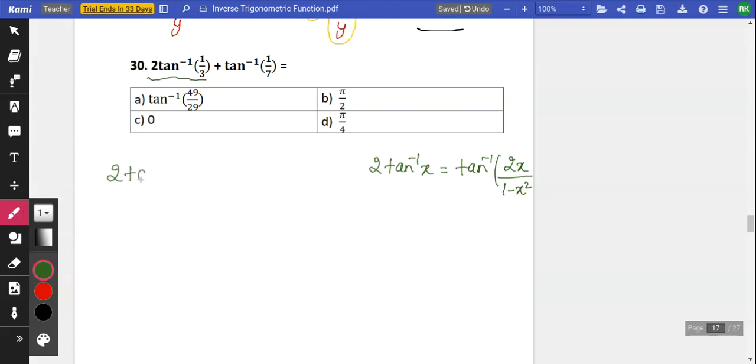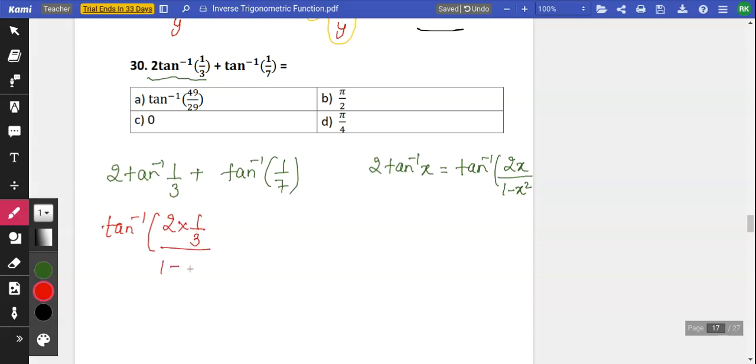Basically 2 tan inverse 1 by 3 plus tan inverse 1 by 7 becomes tan inverse 2 multiplied by 1 upon 3 upon 1 minus 1 upon 3 square, plus tan inverse 1 upon 7.